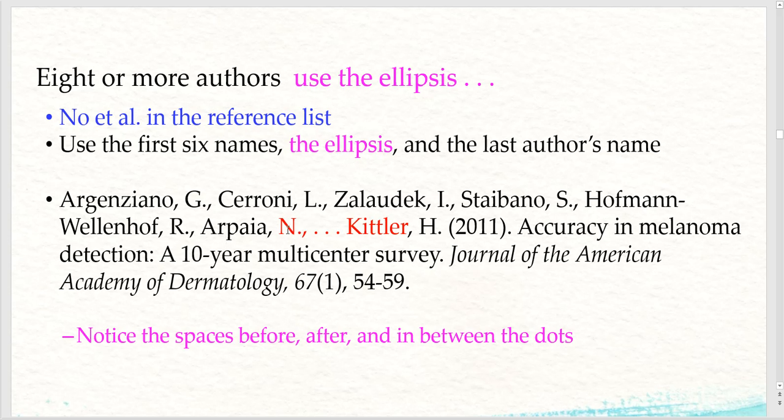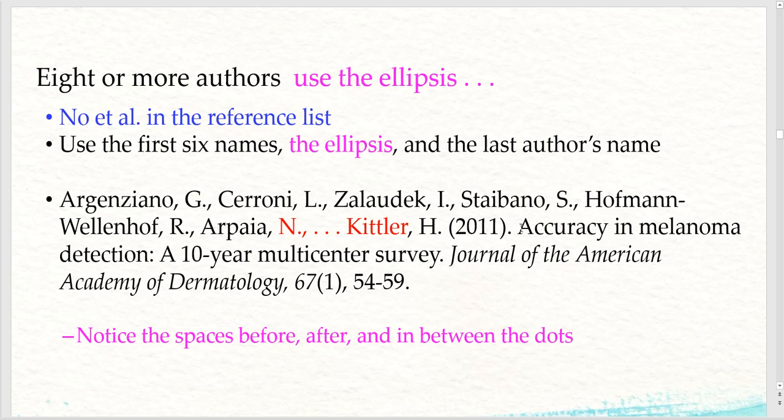And then I'm going to have the initial with the period with the comma, just like in any other of the format for the author's name. And then there's going to be a space here, and the dot, and a space, and the dot, and a space, and the dot, and a space, and the last author's name. Then remember, there's just the period here, and then the publication date, title of the article.